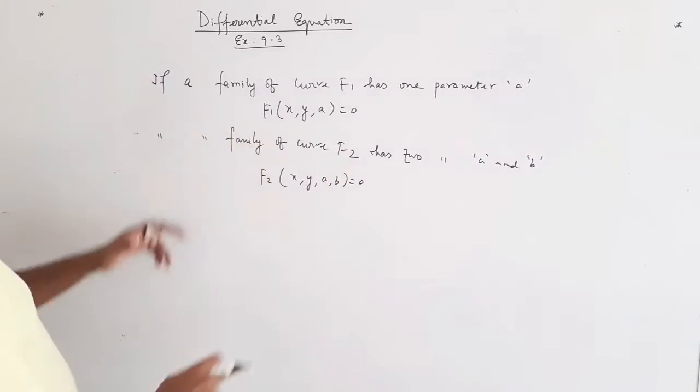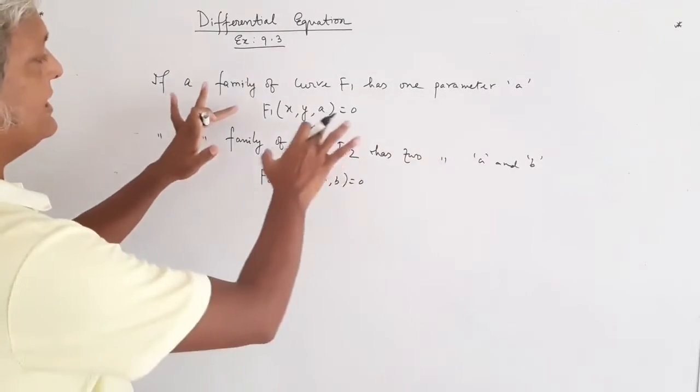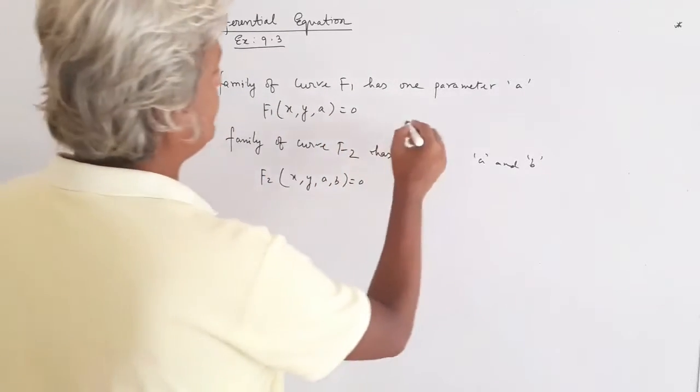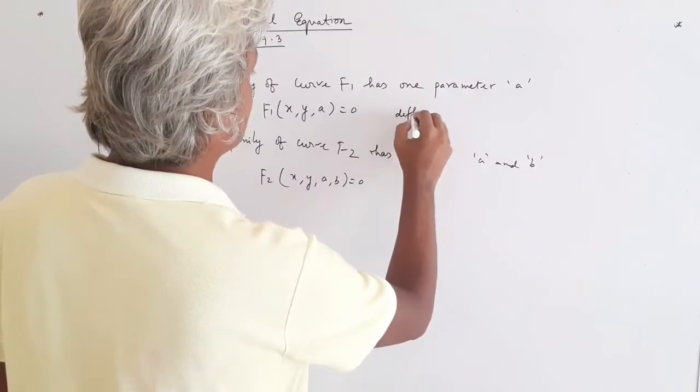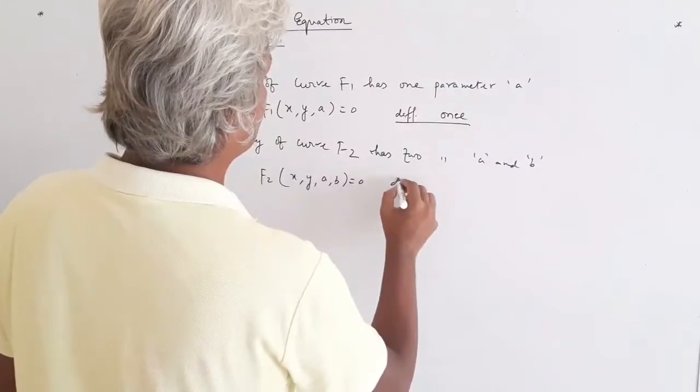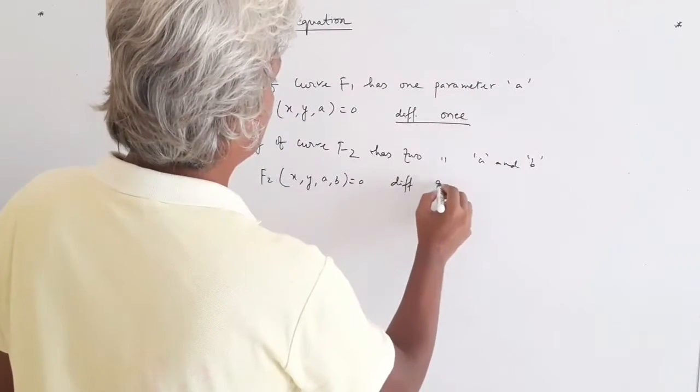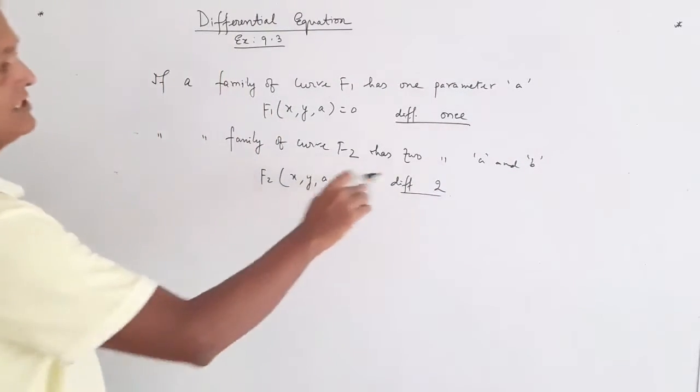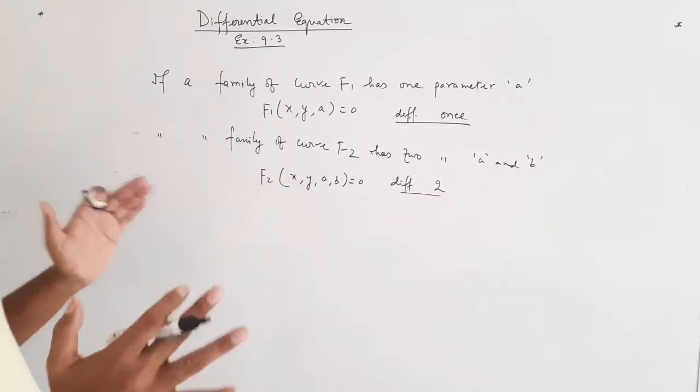Now here you see that when it has only one parameter, we get this parameter eliminated by differentiating once. So the shortcut is differentiating once, and here you have to differentiate it twice because it has two parameters. Now these are just the general format.